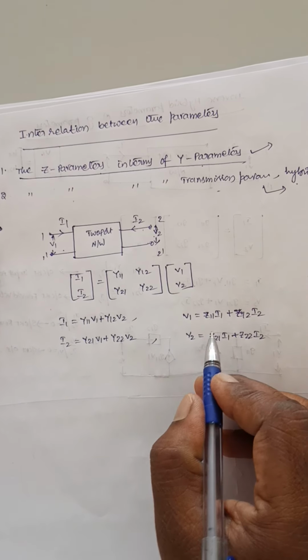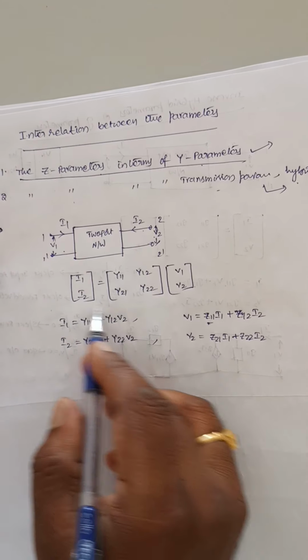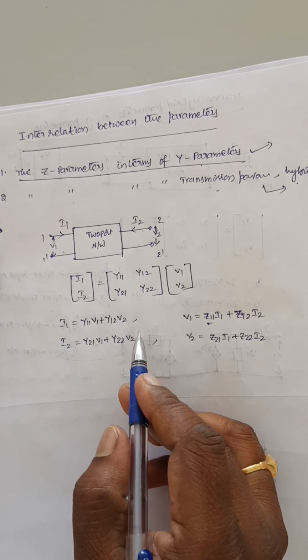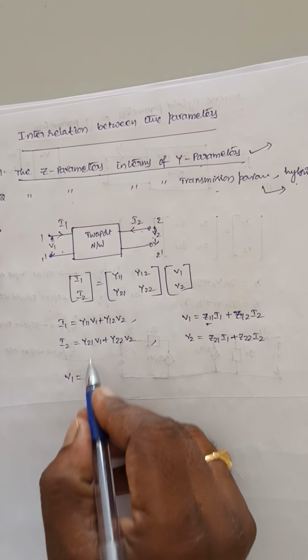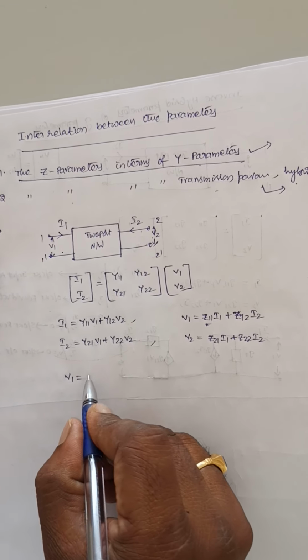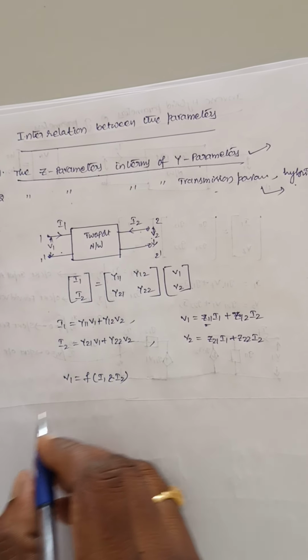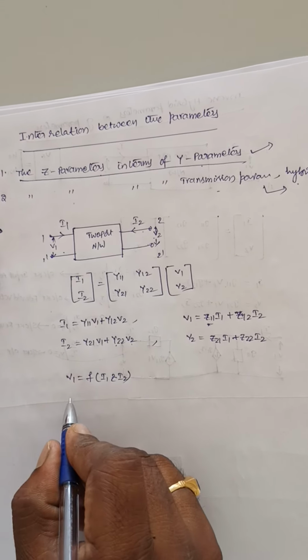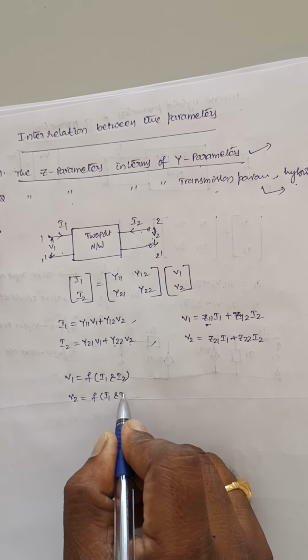To find out this Z11 in terms of Y11, I need to convert these equations in such a manner that V1 is a function of I1 and I2.